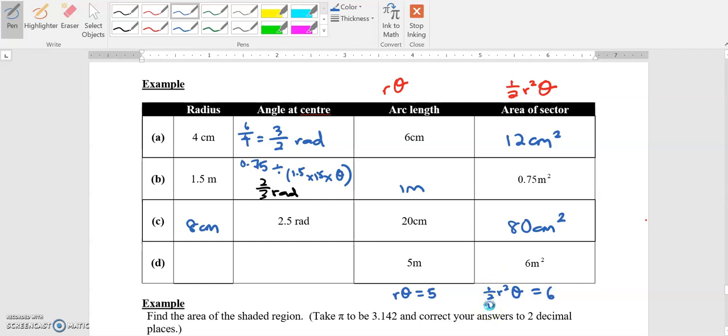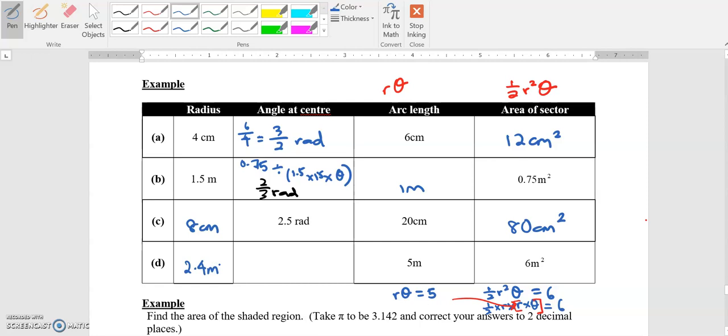If I rewrite my half r squared theta, I can write it as half times r times r theta, which is equal to 6. I have an r theta here, and that r theta is 5. So I know it is 5 over 2 times r is equal to 6. Therefore my radius, upon calculation, will give me 2.4 meters.